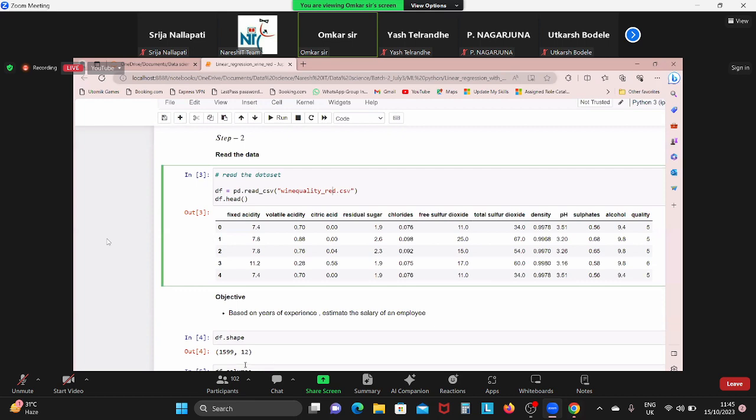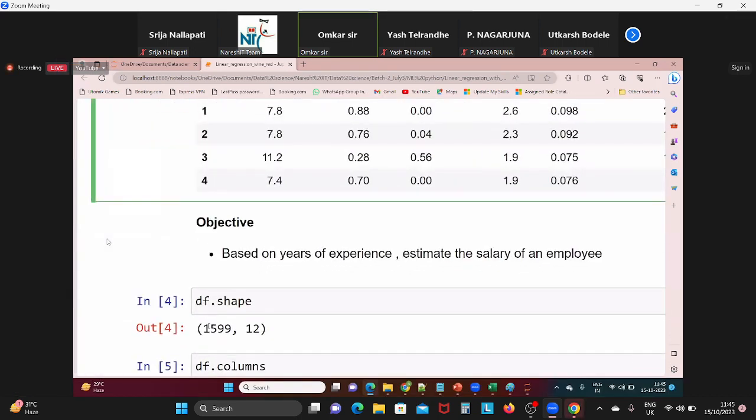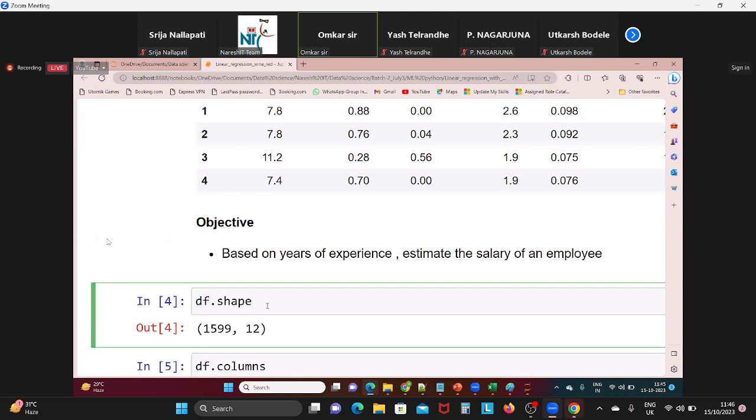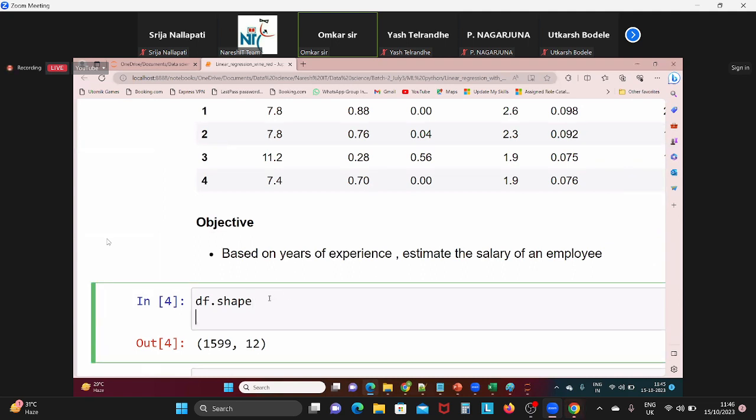Now, what is the shape? Tell me your understanding. Shape looks like a matrix, like 1599 by 12. The hint is that it is the number of rows and columns. Exactly.